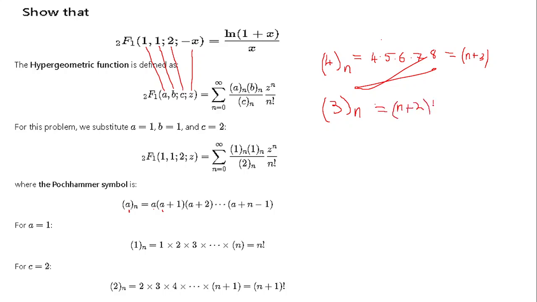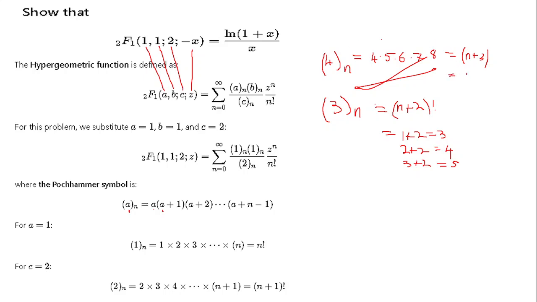Why? Because the first value you put here, if you put n is equal to 1, you get 1 plus 2, which is equal to 3. The next one, if you put 2, you get 2 plus 2, which is 4. The next one is if you put 3, you get 3 plus 2, which is 5. So this one is equal to n plus 2 factorial. So this one will be equal to n plus 3 factorial. Why?